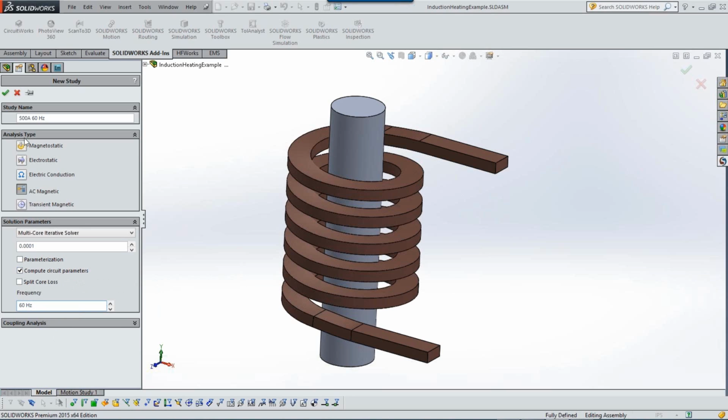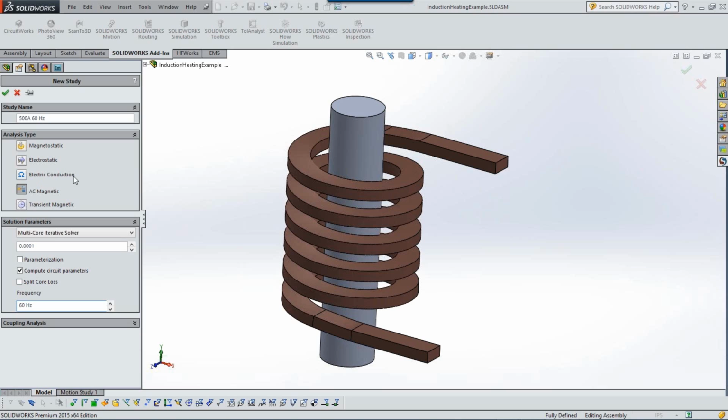Now EMS has several different solvers that are possible. So obviously it comes with AC if your signal is AC. If your signal is DC or if you have permanent magnets in your design, you can use magnetostatic. If you have any other type of excitation like pulse or a rapidly varying excitation with time, you can resort to what is called transient magnetic.